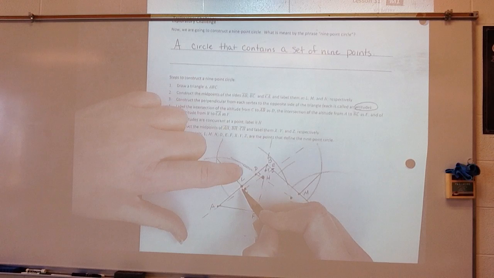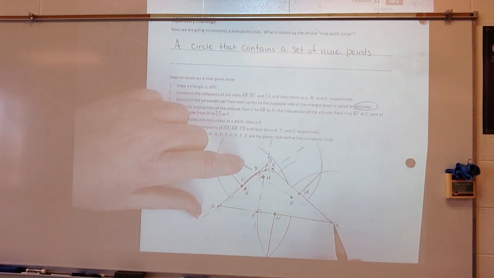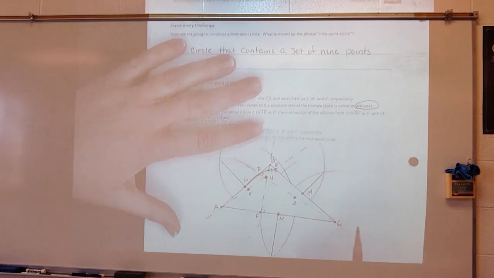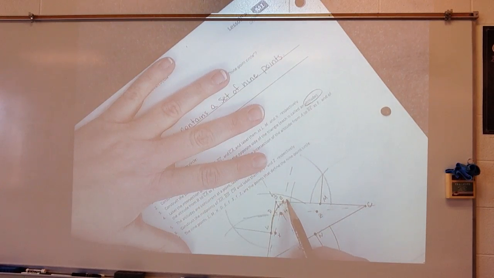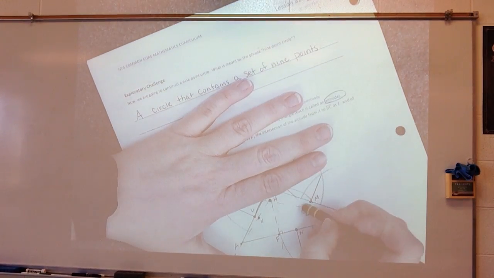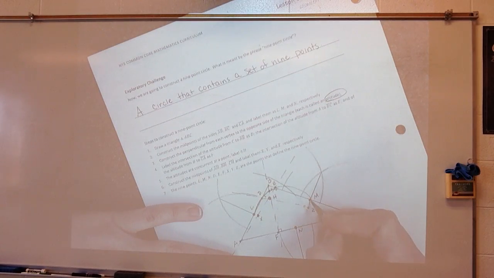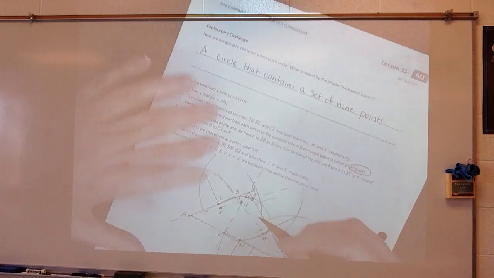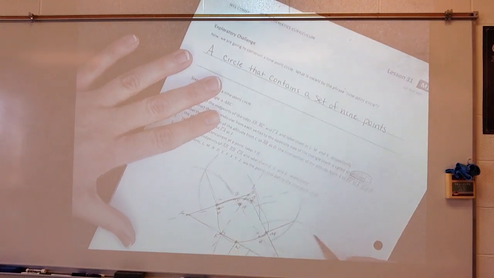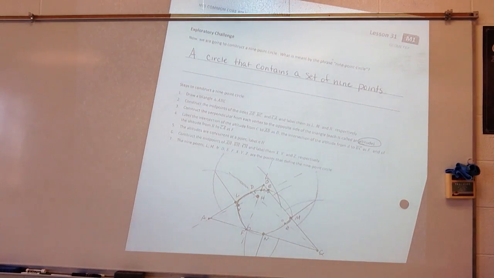Alright, so L, D, D and Y, then E, then we'll go to M, and then Z. So Z, actually, I need to move that. This is why construction is really important. And then N, F, X. So we actually have roughly a 9-point circle.